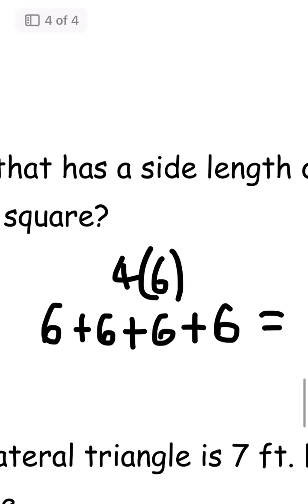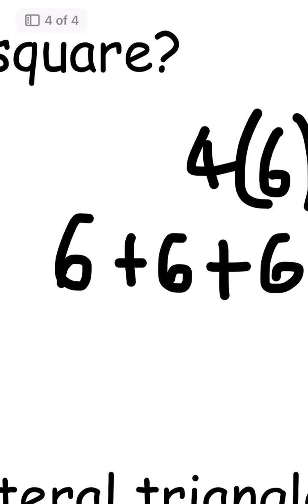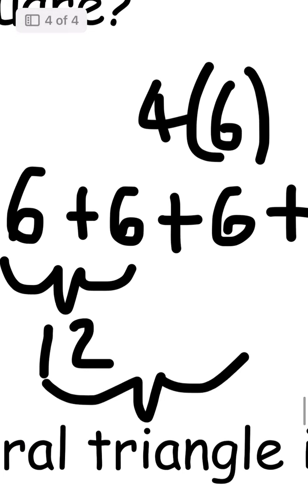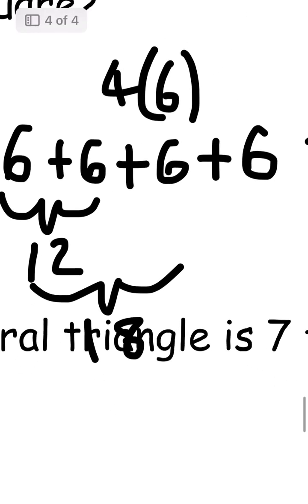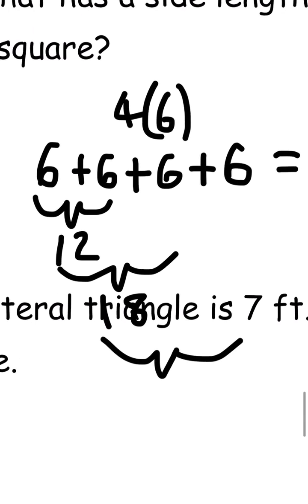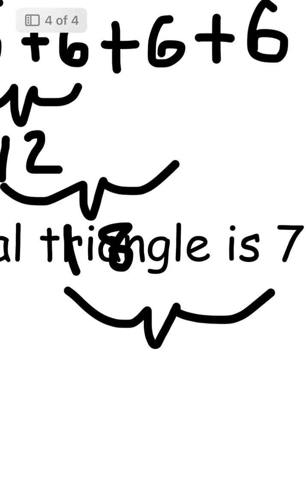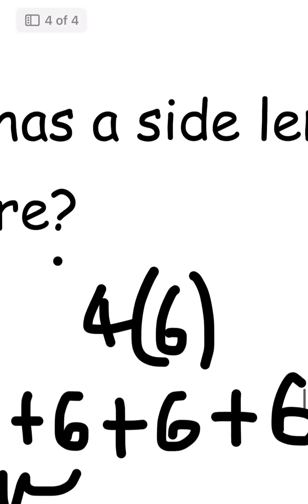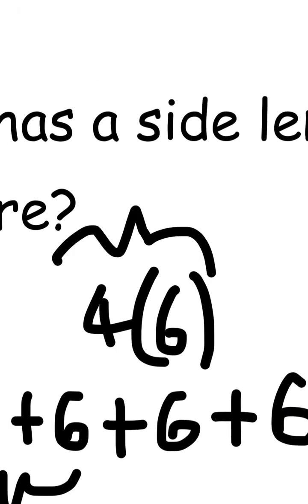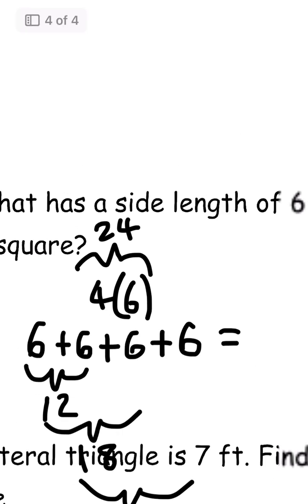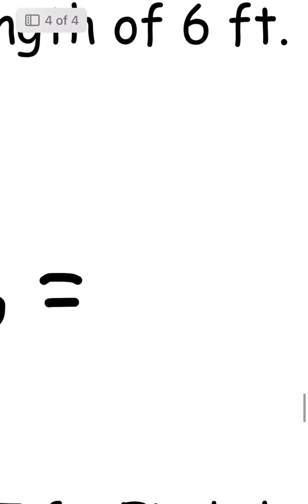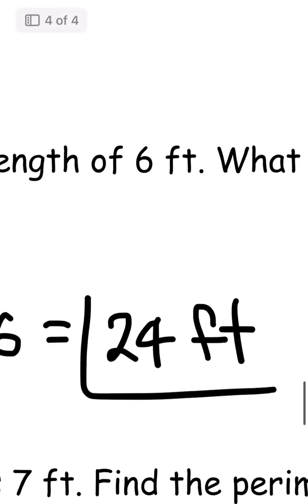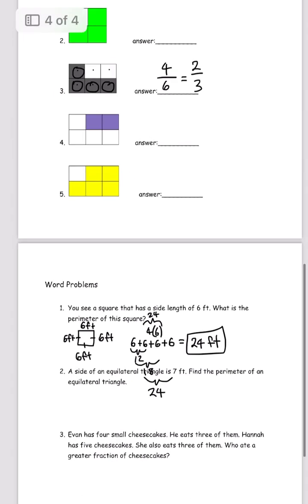So 6 plus 6 is 12, plus 6 is 18, plus 6 is going to be 24, right? And also, if you just multiply them, we're going to have 24. 6 times 4 is 24. So the answer is going to be 24 feet. Okay, thank you.